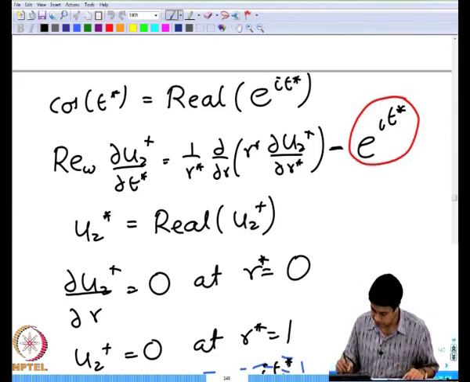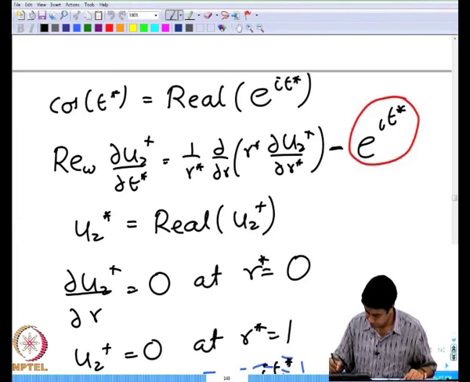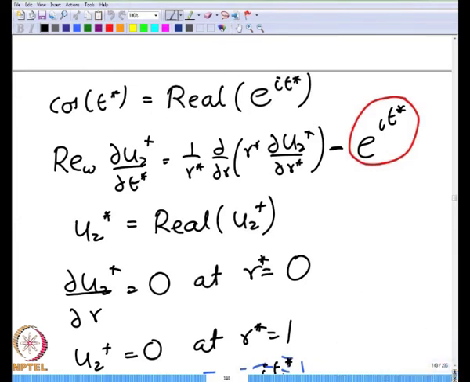Okay. So, this will be of the form e power I t star into 1 by r d by dr of r du z plus by dr, plus e power I t star.